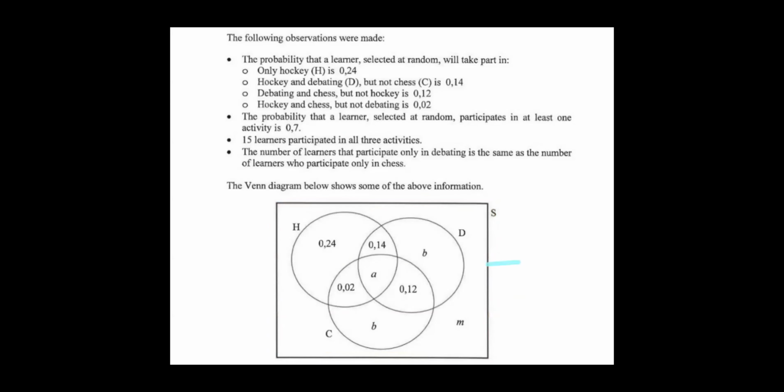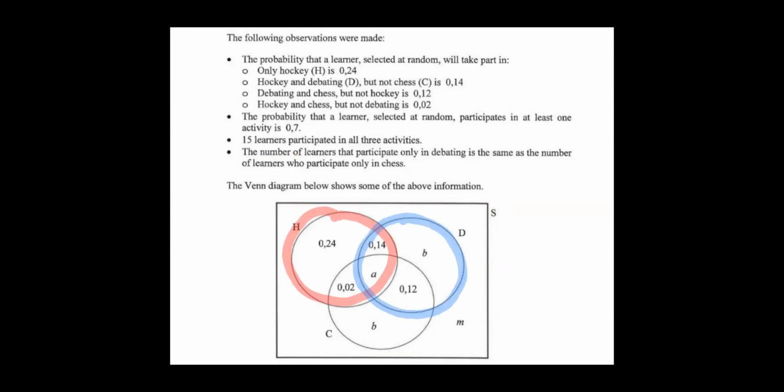I think the piece of information that's going to help us calculate A is this third bullet over here that says 15 learners participated in all three activities. So they're talking about this group here, the group that overlaps with hockey, debate, and chess.